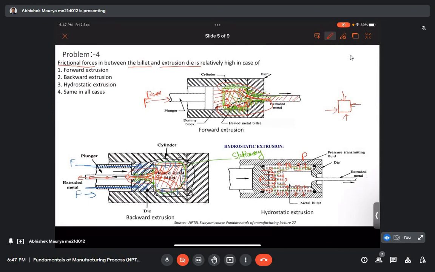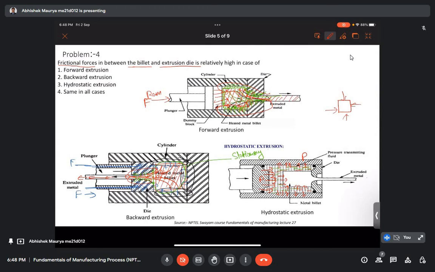This basically helps in reducing the cracking tendency of the billet. Suppose we have a material which is brittle in nature. If we apply the force only in one direction, suppose the fluid was not there and we applied force directly on the billet, then there was a possibility of crack generation, because we applied the force in only one direction.